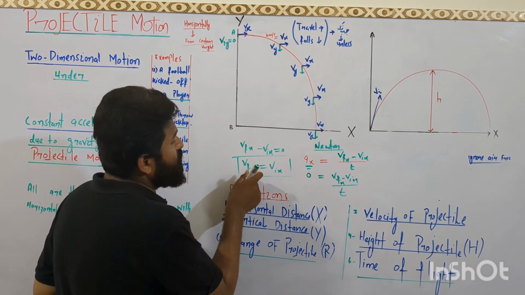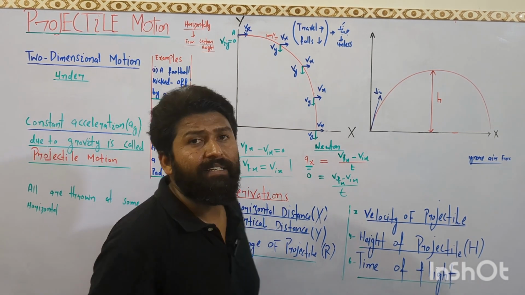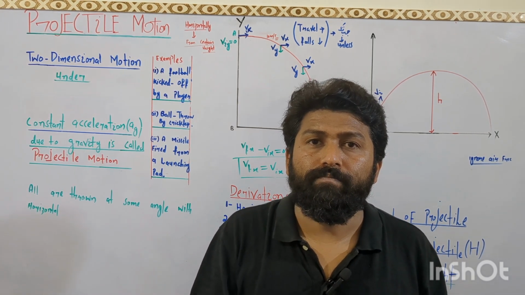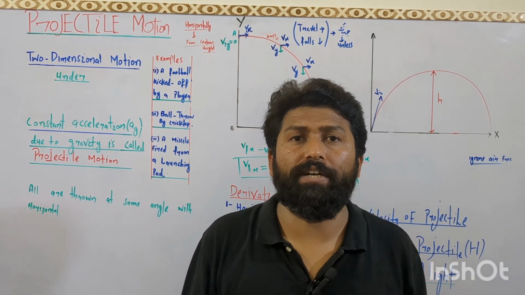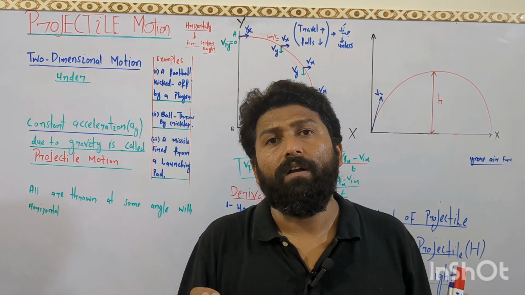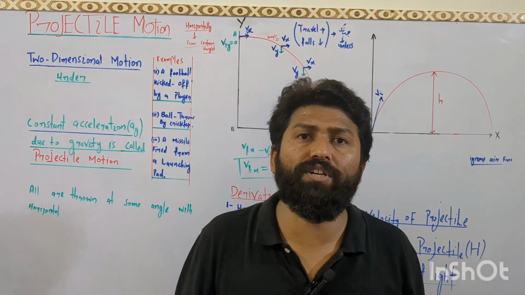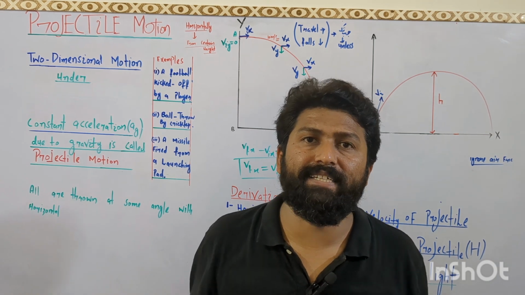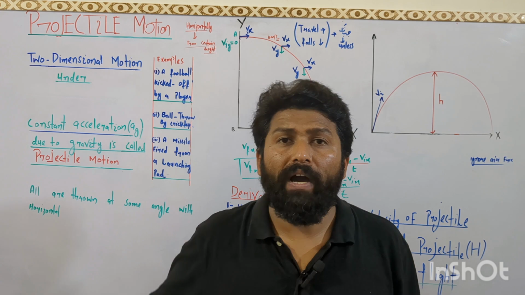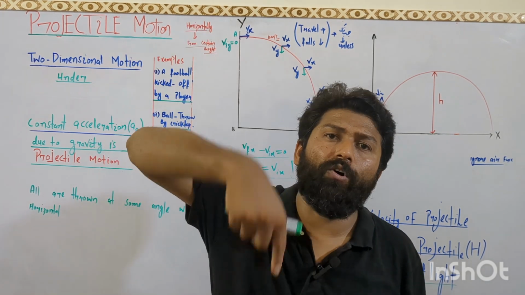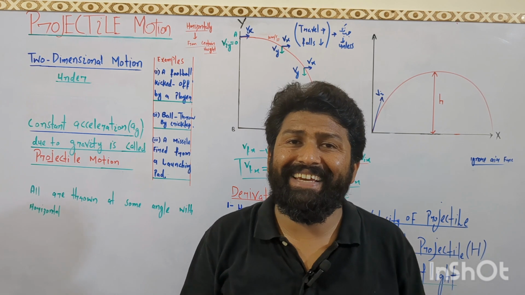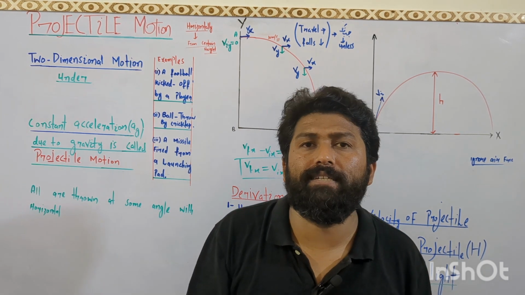It means velocity along the x-axis will be constant, with no change in velocity along the x-axis, because acceleration along x is equal to 0, while acceleration is only along the y-axis. Therefore, there is change in velocity along the y-axis.